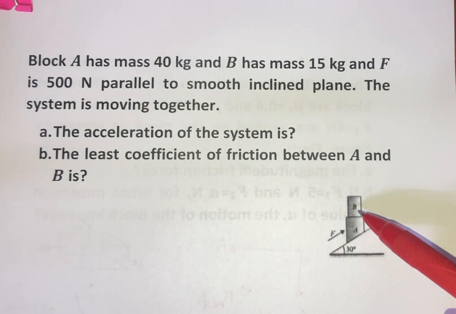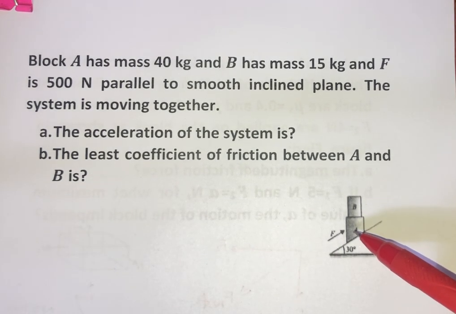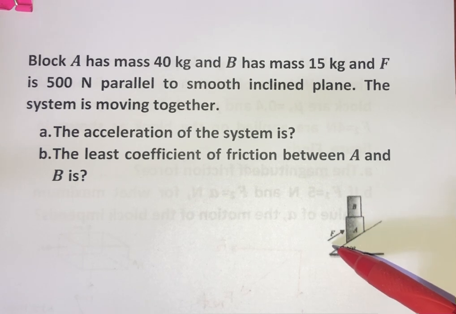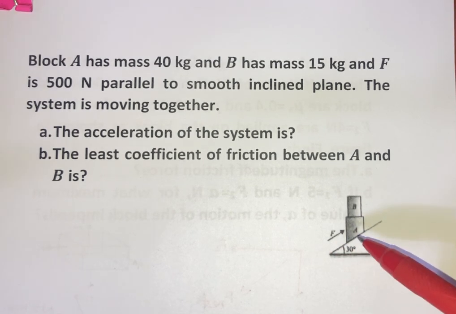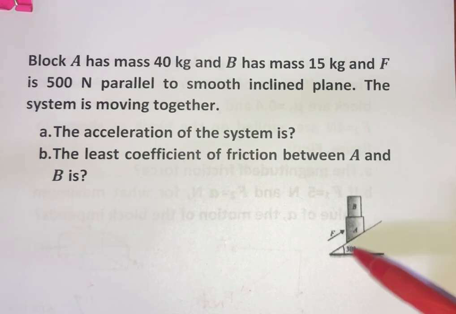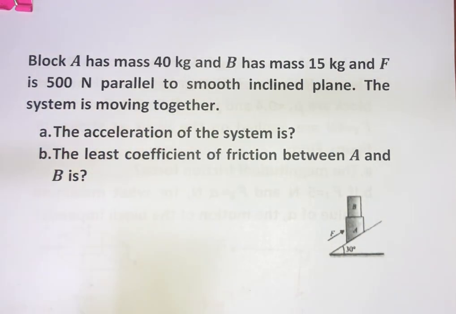So we have two blocks. B is on top of A and there is friction between B and A. Force F is being applied along the inclined plane and there is no friction between A and the inclined plane. It is said that the system is moving together.